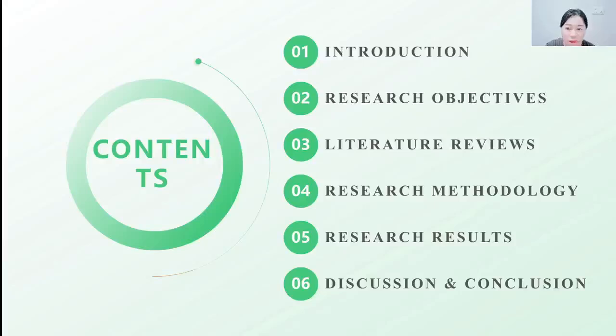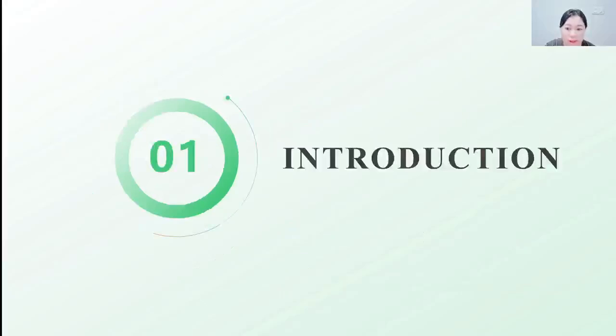This part consists of 6 main sections: introduction, research objectives, literature review, research methods, research results, and discussion and conclusions. First, let's look at the introduction.